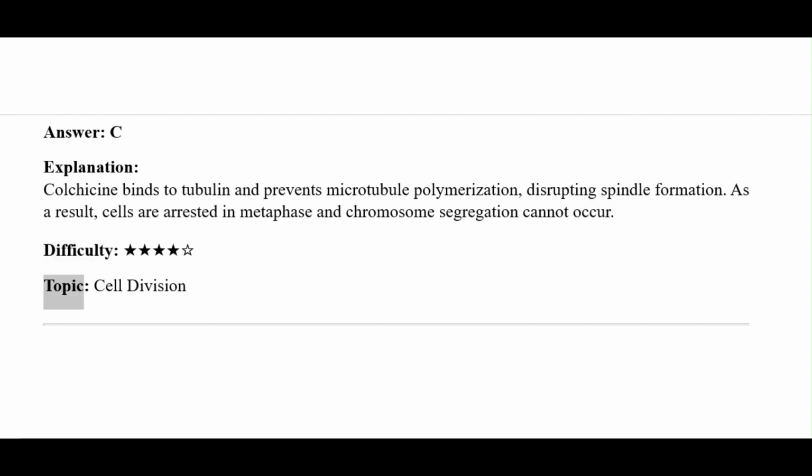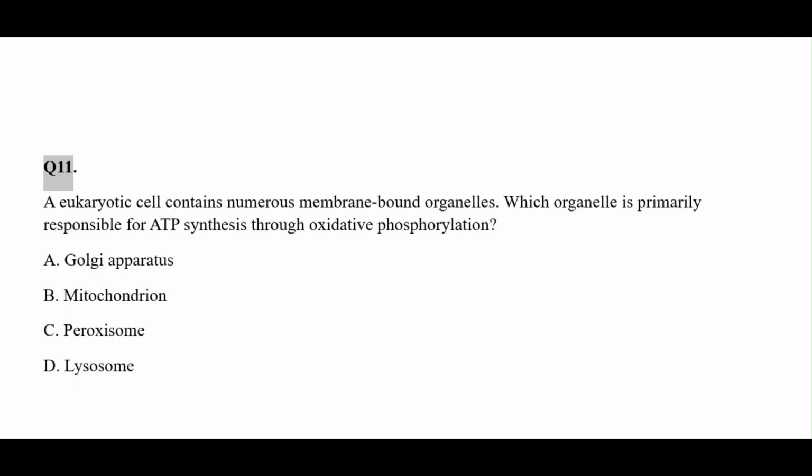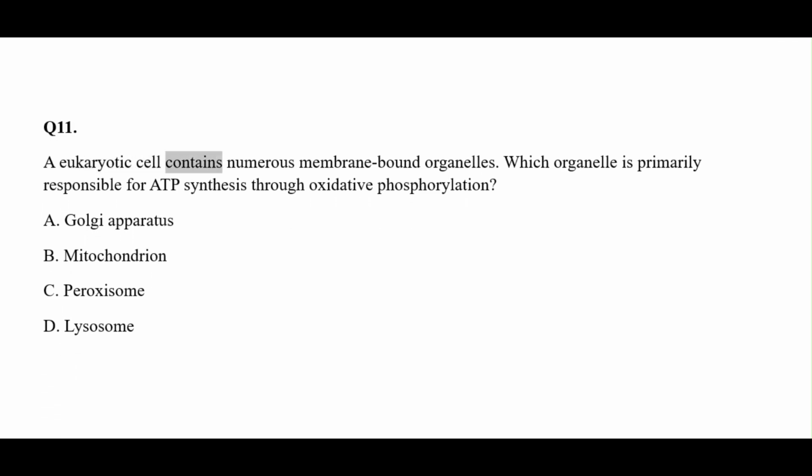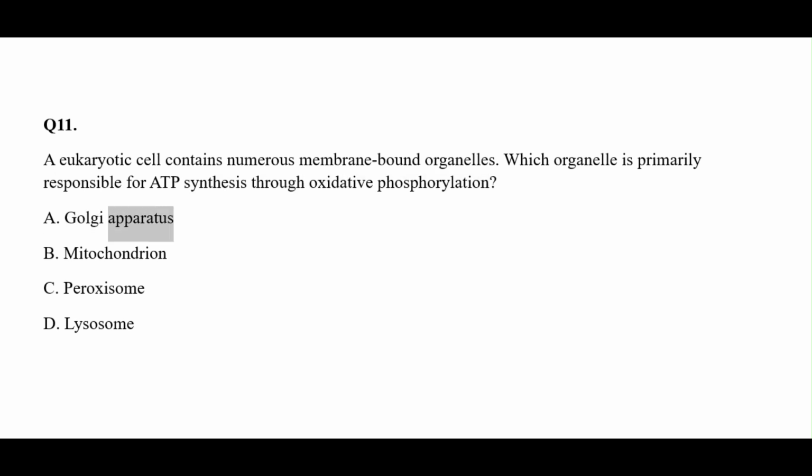Difficulty. Topic: Cell division. Q11. A eukaryotic cell contains numerous membrane-bound organelles. Which organelle is primarily responsible for ATP synthesis through oxidative phosphorylation? A. Golgi apparatus, B. Mitochondrion, C. Peroxisome, D. Lysosome.